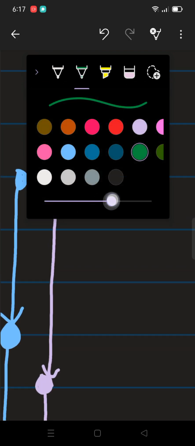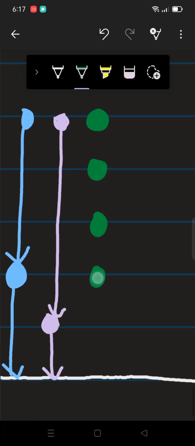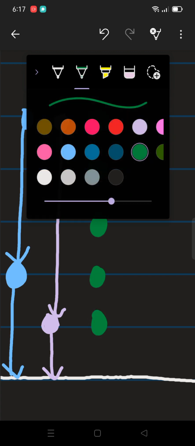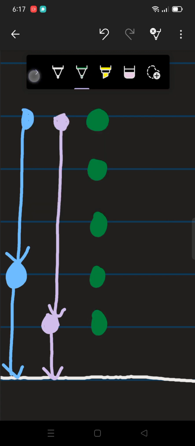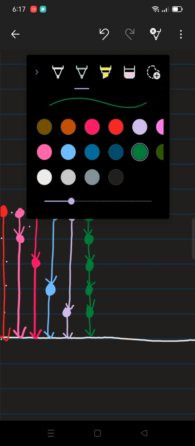For example, if I have an electron here, it can go first to N5, then to N4, then N3, then N2, and then it can go to N1. This is a possibility too, right? Let's check other possibilities.